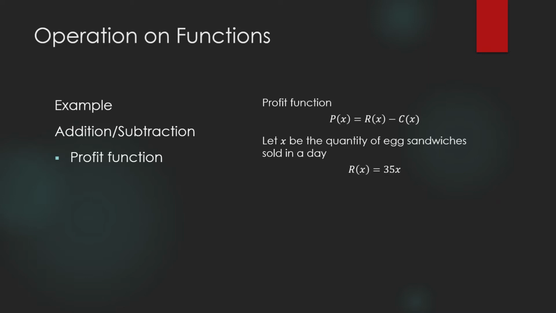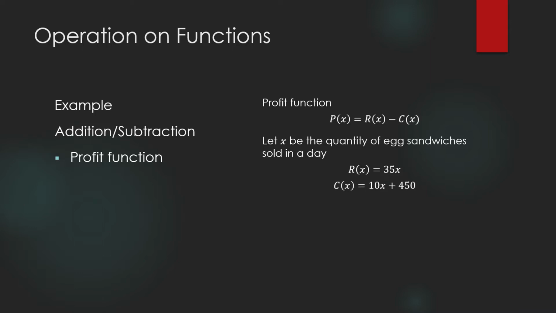Let us define the revenue function in this way. R(x) is equal to 35 times x. So this is in pesos. 35 there is the selling price of one egg sandwich. So all in all, the revenue function is going to be the number of egg sandwiches sold times 35.